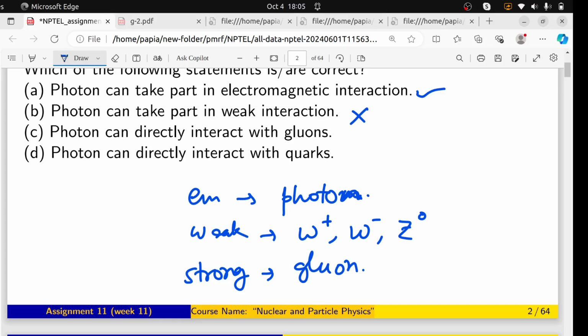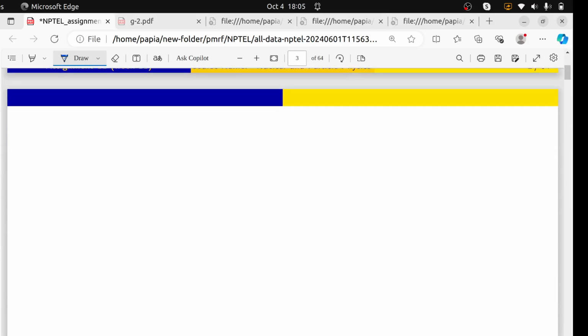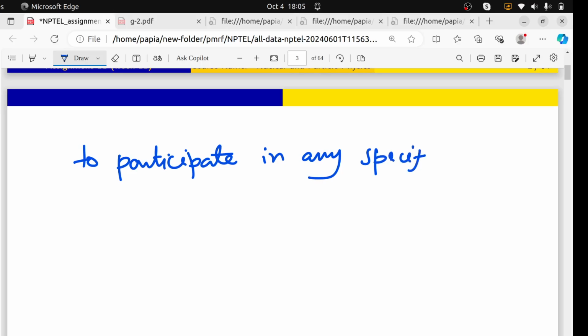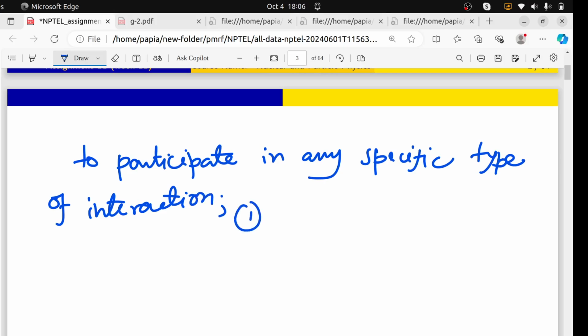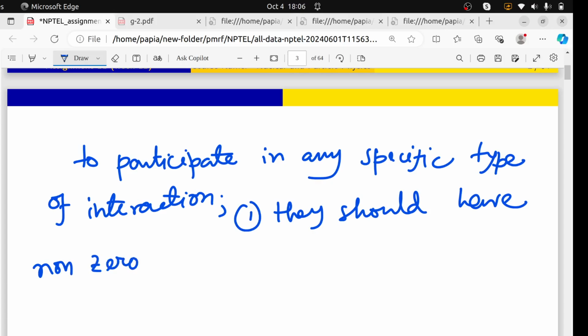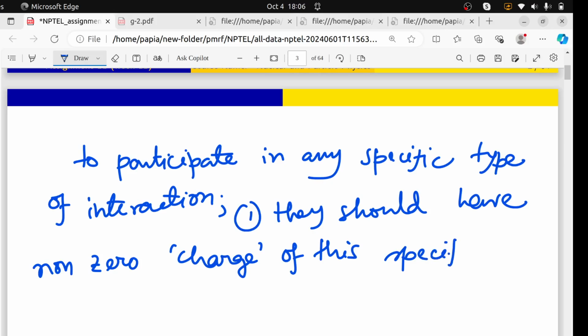Now, photon can directly interact with gluons. The main thing is that to participate in any specific type of interaction, the first criterion is that particles should have a non-zero charge of this specific interaction.